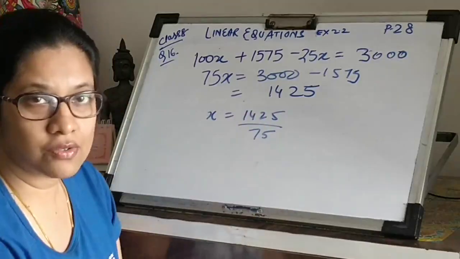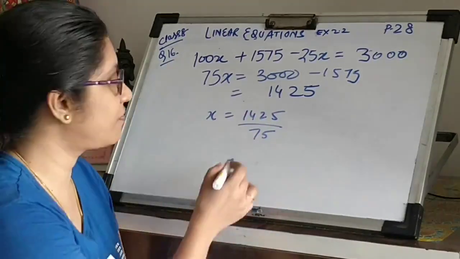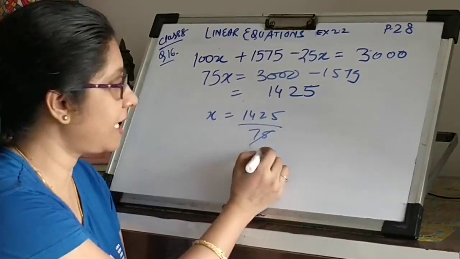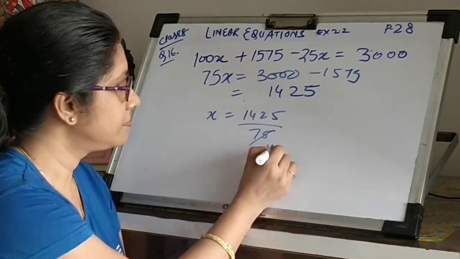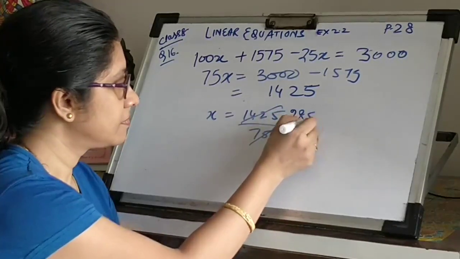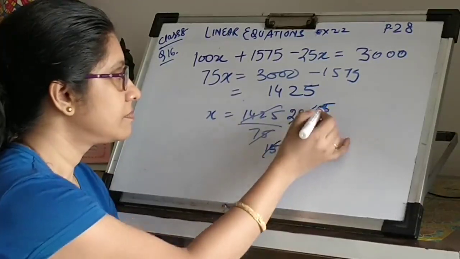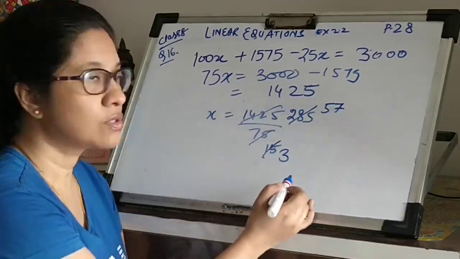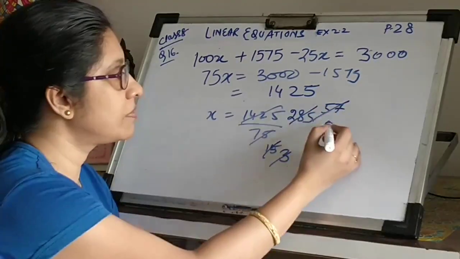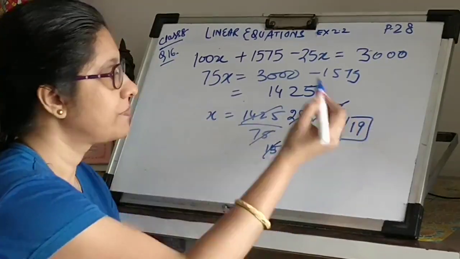So all we need to do is solve it and get the lowest form. I'm dividing both numerator and denominator by 5. Again, so we are left with 57 by 3, which is very much in the table of 3, which is 19.